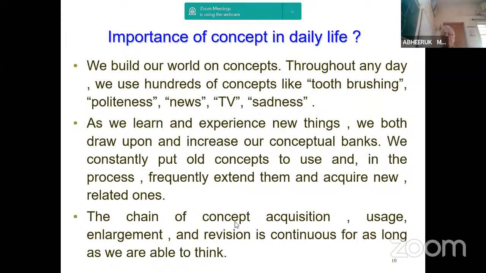So there is a chain of concept acquisition. You get a new acquisition, you use it, and that way the enlargement of your stock increases, and then you revise also.